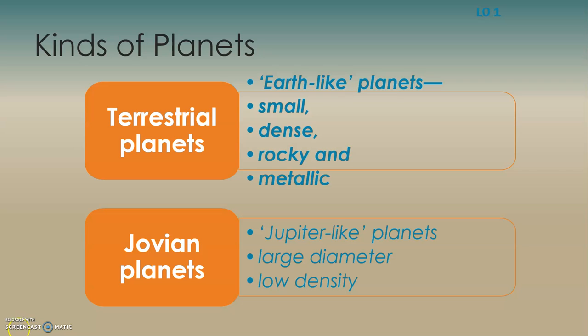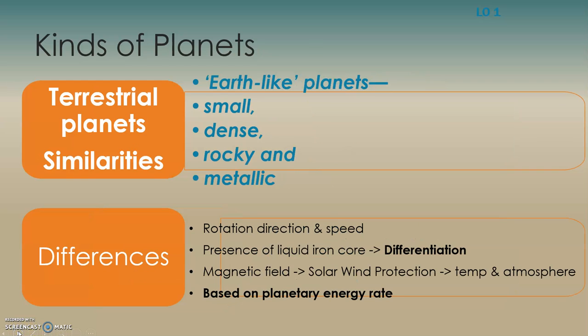And we also talked about the fact that the terrestrial planets had similarities, like they were all small and dense and rocky and metallic. And some of their differences included the fact that they had rotation directions that were different. Venus has a completely different rotation direction, and they rotated at different speeds. Those are some of the differences in terrestrial planets.